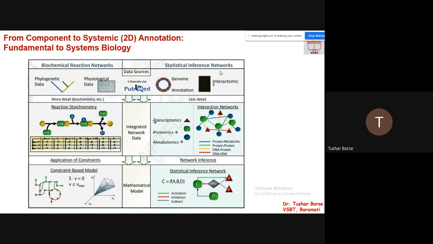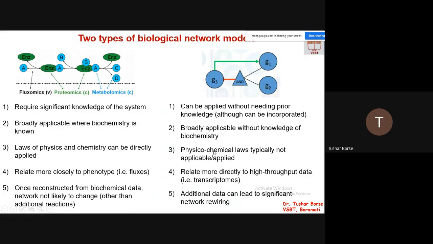So simply remember this: the biochemical reaction network is realistic, and this is the statistical type of information obtained from the data from different omics technologies, right? In the next slide, I'll give you the actual comparison between them.